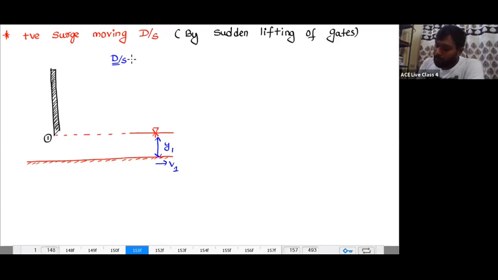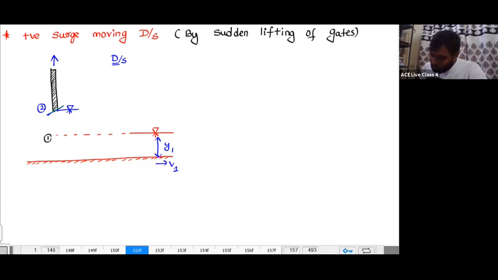Okay. Now, when I suddenly lift the gate, what is going to happen? If you suddenly lift the gate, suddenly the water level will rise on the downstream side. If I lift the gate suddenly to this point, then the water level will rise suddenly up to this point. Now tell me what is the depth of flow. Initially this is the depth of flow.